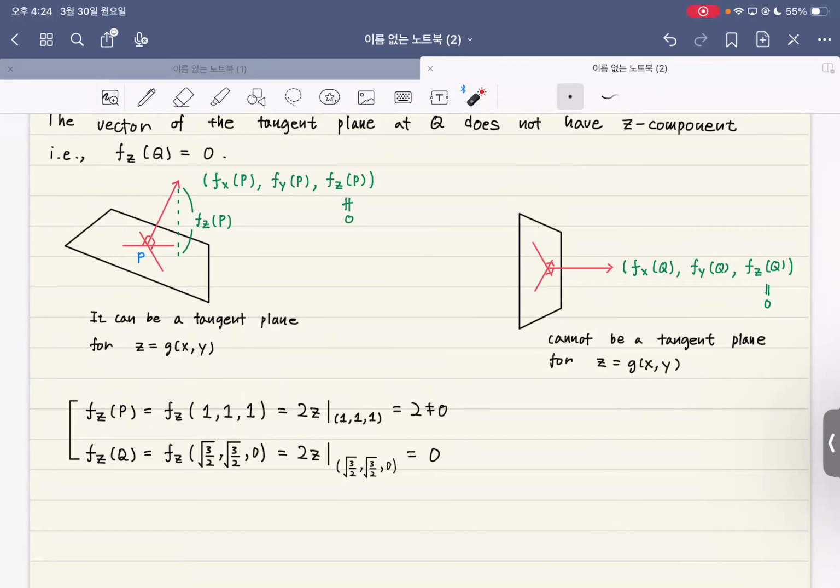Even though I have spent too much time explaining this very specific example, the same idea is true for any equation at any point in the level set and any value. Suppose that you have some level set, x squared plus 2y squared plus 3 times z squared equals maybe 1 million.